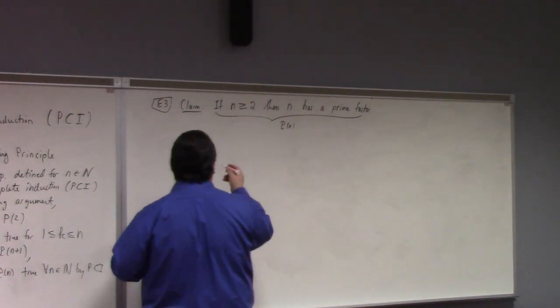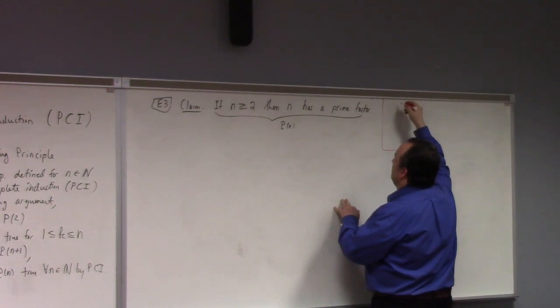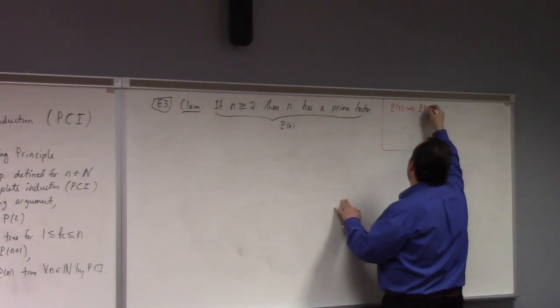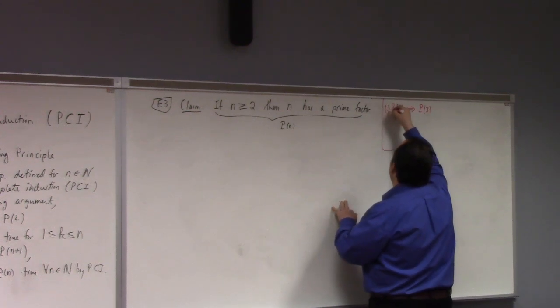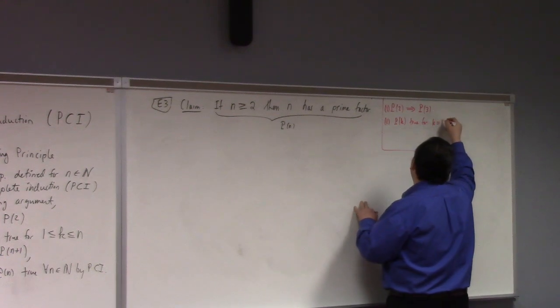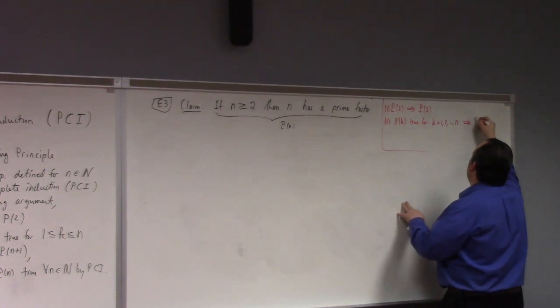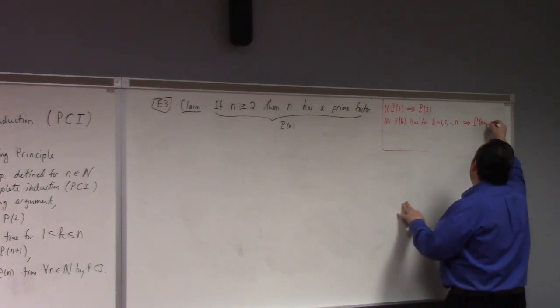So logically speaking, here's a play-by-play. We want to show that P of 2 implies P of 3, right? And then we want to show that P of k true for k equals 1, 2, up to n implies that P of n plus 1 true, right?